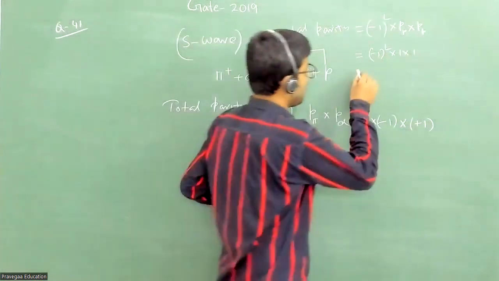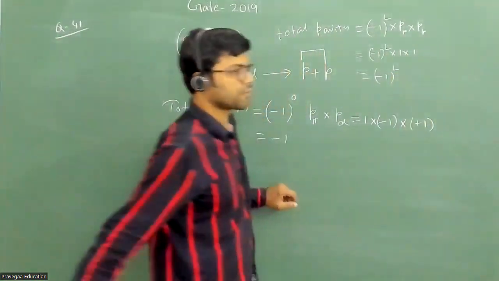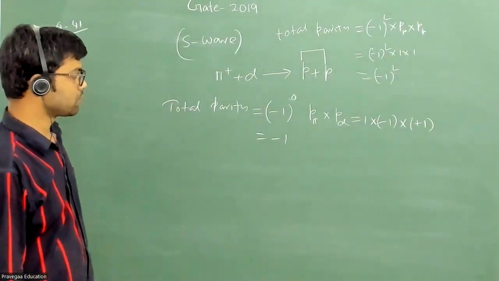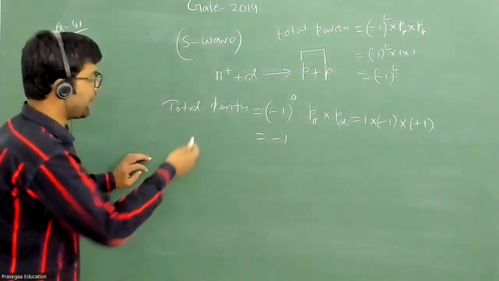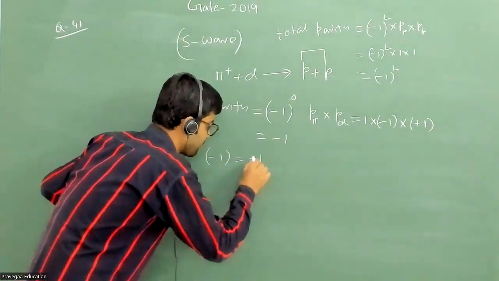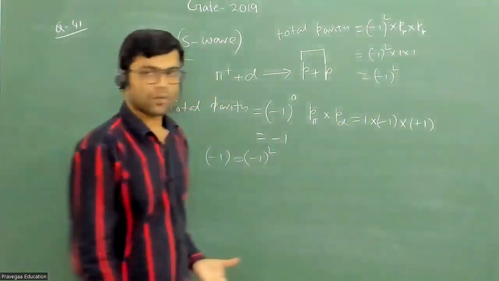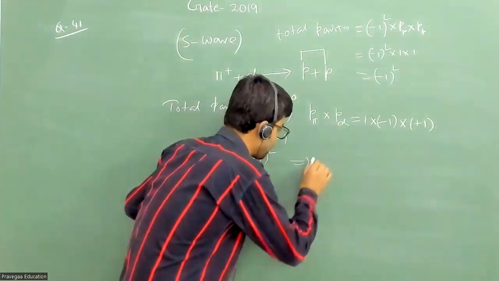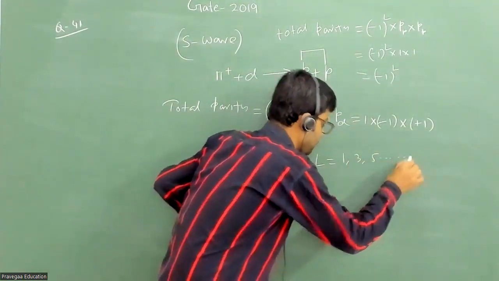So altogether, you will get the total parity of the product as (-1)^L. Okay, so the total parity of the reactants, that is -1, should match the product, because this is strong interaction. From here, I can clearly see that the possible values of L will be 1, 3, 5, and so on.